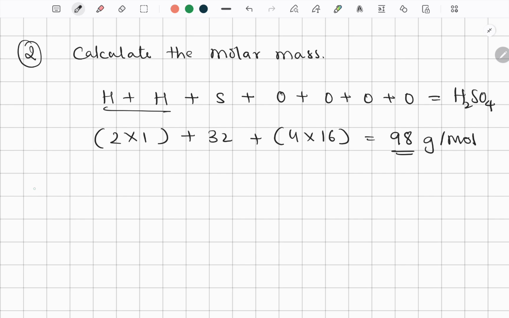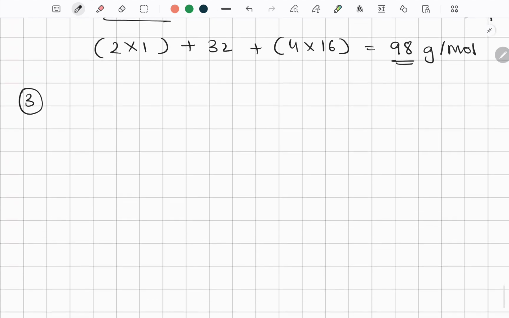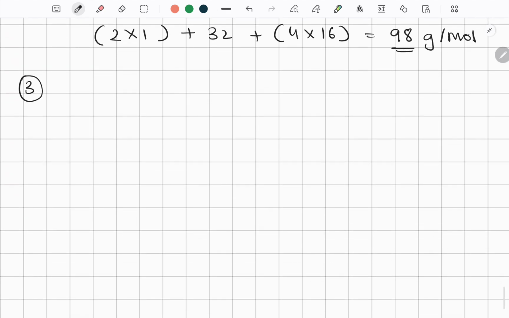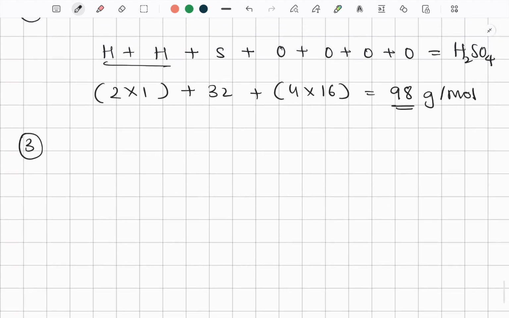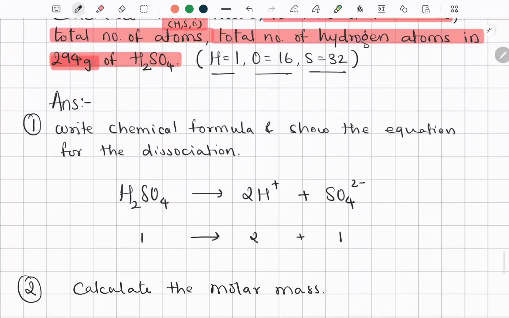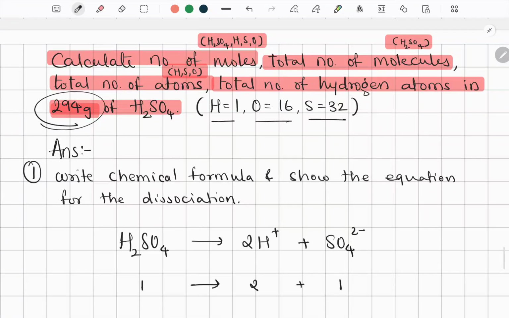Now we are going to move forward to the third part, which is to calculate the moles. Find the moles of the compound given here, H2SO4. In your question it could be anything: zinc chloride, sodium chloride or any other organic or inorganic compound. What do you have to do? You have to calculate the moles of the compound using the molar mass and the mass in grams given in the question.